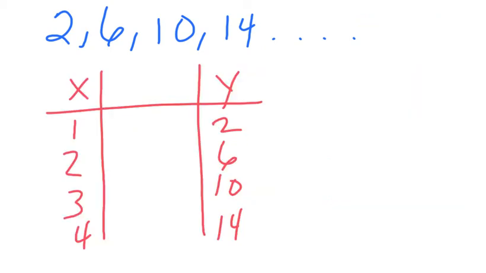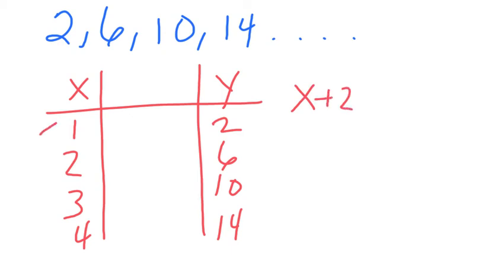So here's how I want you to proceed. If you can't immediately figure it out, then you need to do some trial and error. So you need to try something like, okay, if I use x plus 2, would that work?